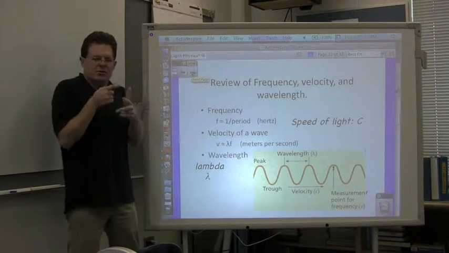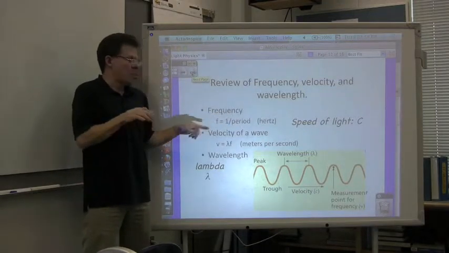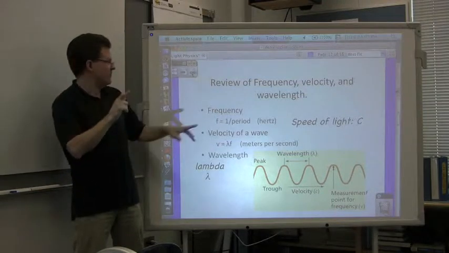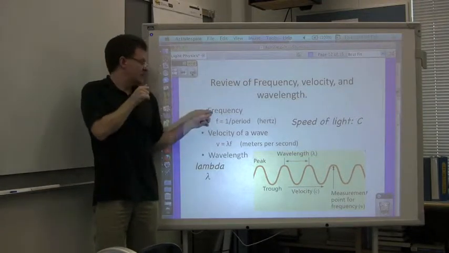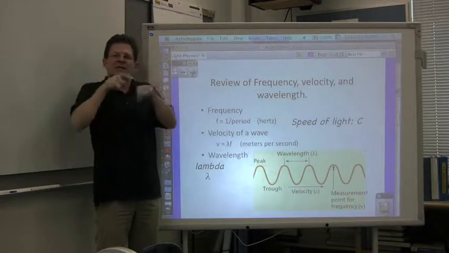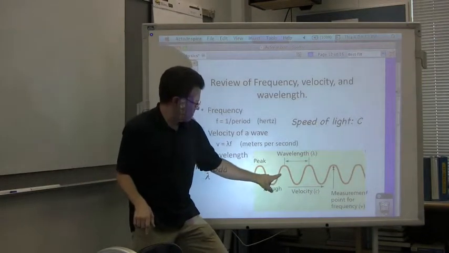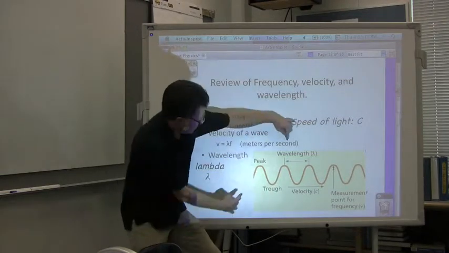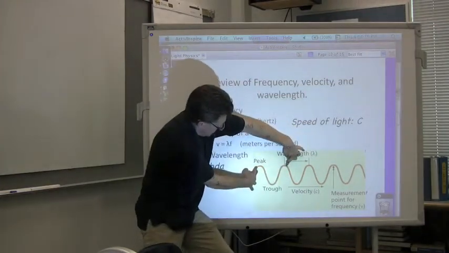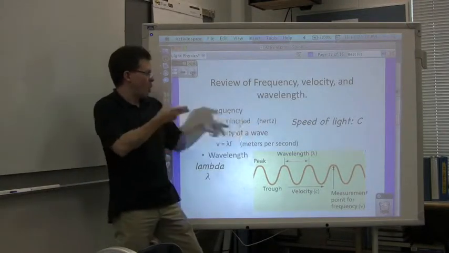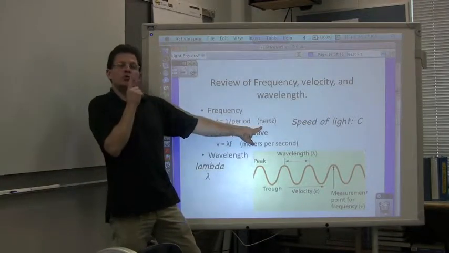I want the students to just understand the difference between the three of these: frequency, velocity, and wavelength. Frequency, you understand that frequency, how you measure the wave, it's based on time of the wave right here. So that right there is the measure of it. 1 over time in what you call hertz.